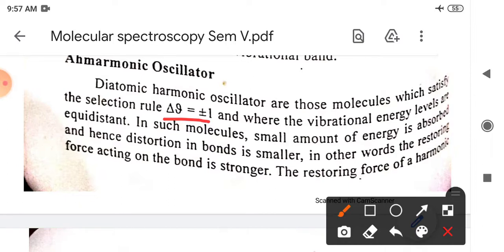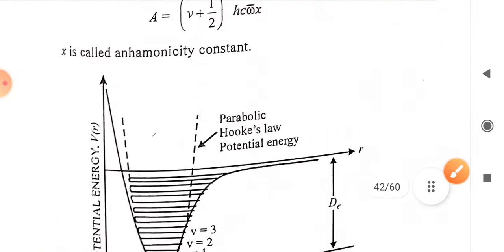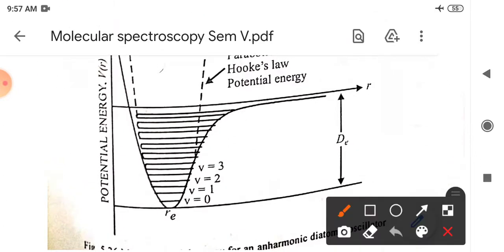Now, what is the difference between anharmonic and harmonic oscillator? Diagrammatically we can show it like this. For the harmonic oscillator we get the symmetrical curve, and the vibration in the given molecule is symmetrical.